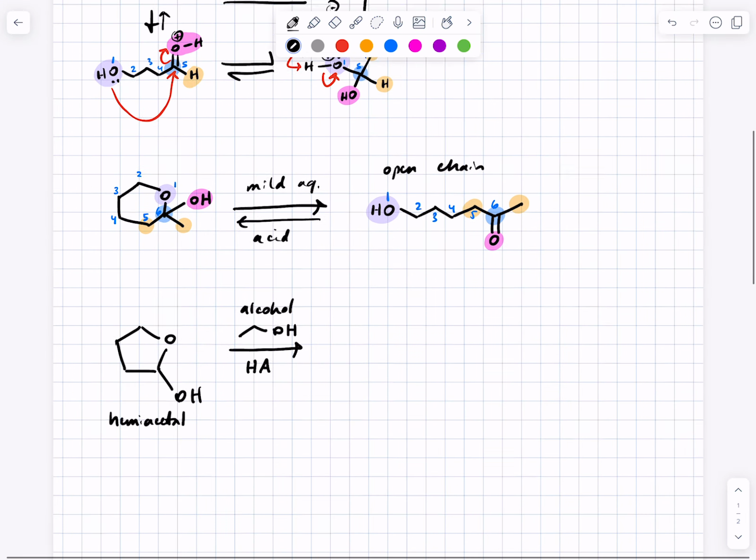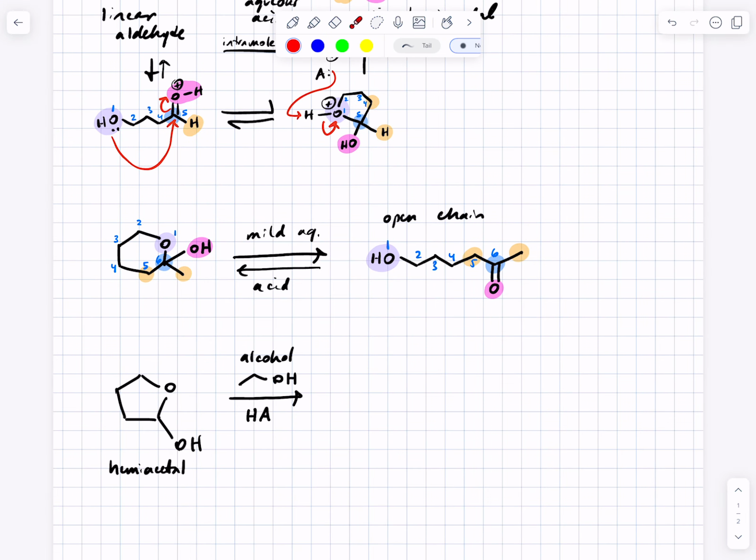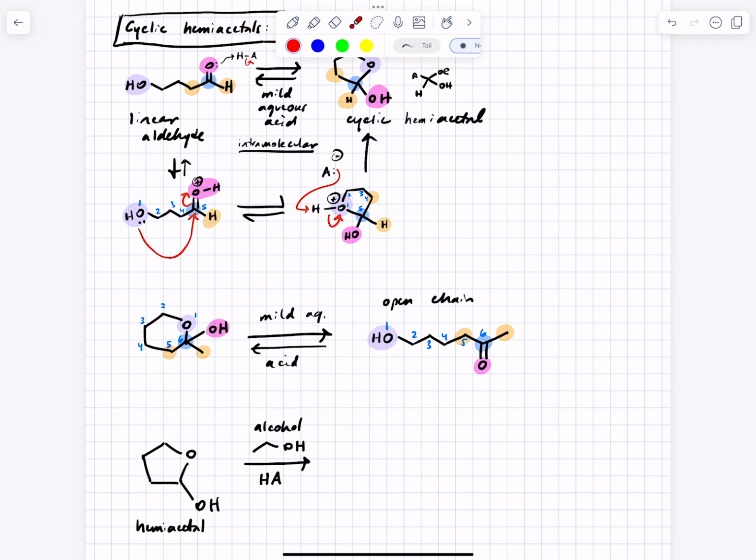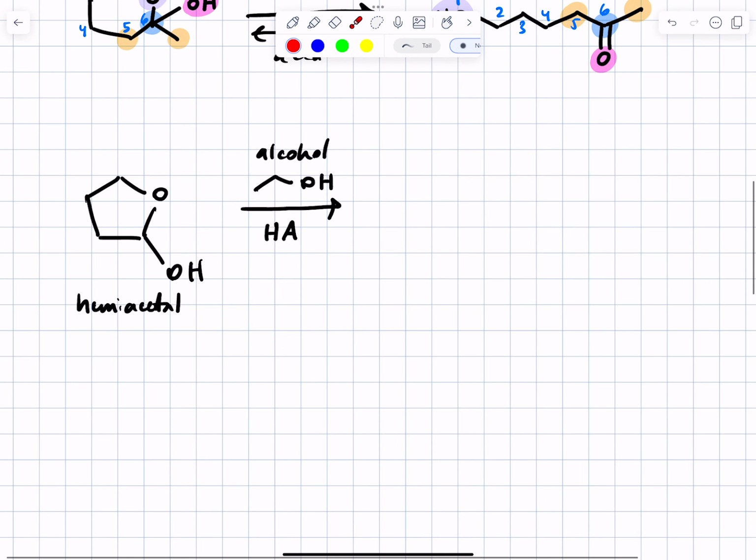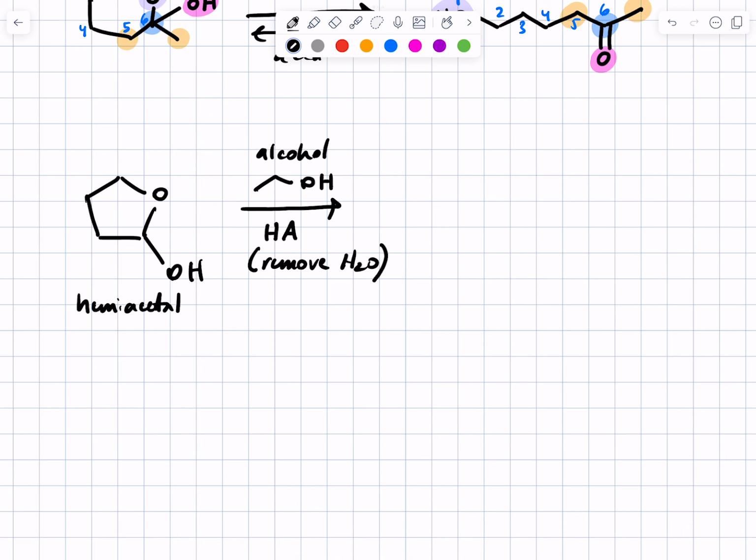Now, notice that the starting material for hemiacetal formation only has one OH group in it, and that intramolecular reaction gives you the hemiacetal. But if we supply an acid catalyst, if we have an alcohol, and importantly, if we remove water, what we can do is complete the mechanism and move forward and form the acetal.